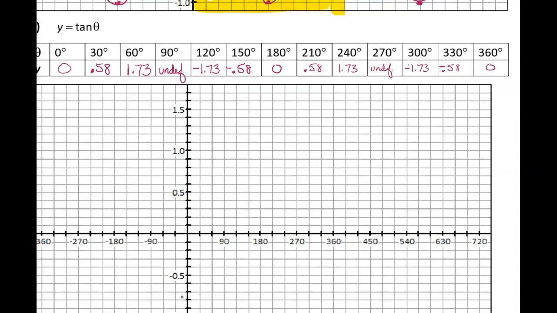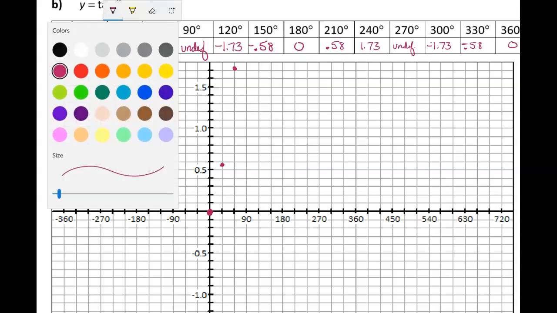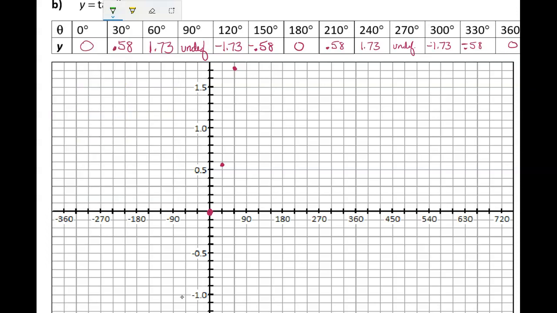So let's plot that. We have 0, 0, 30 degrees, 0.58, so not quite 0.6, 60 degrees, 1.73. It's going to be way up there. And then 90 degrees, undefined. I think you've seen this before in some graphs where if there's a 0 in the denominator, we have a vertical asymptote.